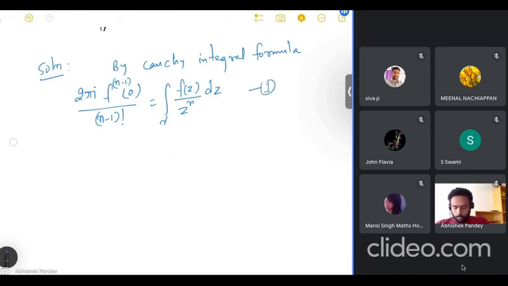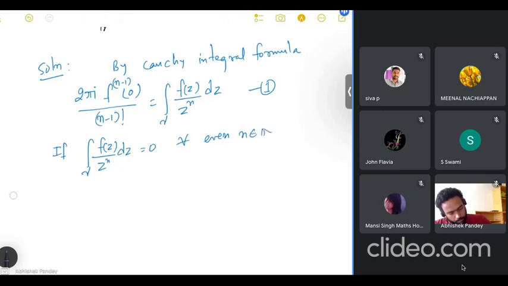Now if 1 is 0 for every even natural number n, that is, the integral over gamma of f(z)/z^n dz is 0 for every even n belonging to natural numbers, suppose this is 0 for n equals 2, or n equals 4. So what does it mean?